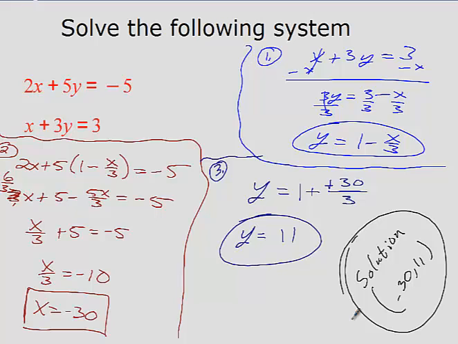Negative 60. And 5 times 11, 55, right? What's negative 60 plus 55? Negative 5, right? Okay. Negative 30 plus 3 times 11 is 33. What's negative 30 plus 33? Okay, and you should be doing that. They're not going to tell you to check your solution, but you should be checking your solution.